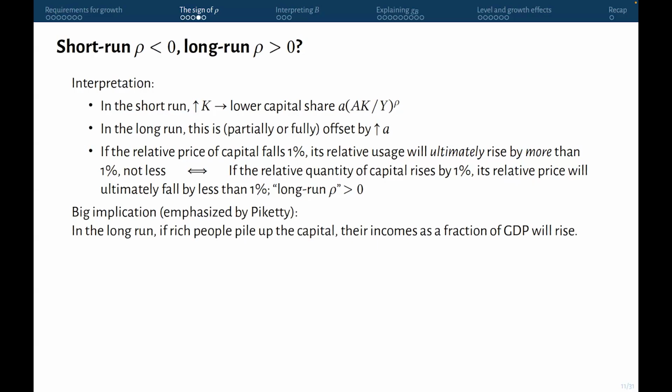The big implication of this would be that if rich people pile up the capital indefinitely, their incomes as a fraction of GDP will rise, and this will be a big driver of overall income inequality because capital ownership is very unequally distributed.